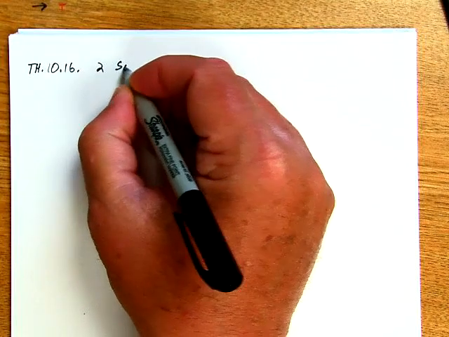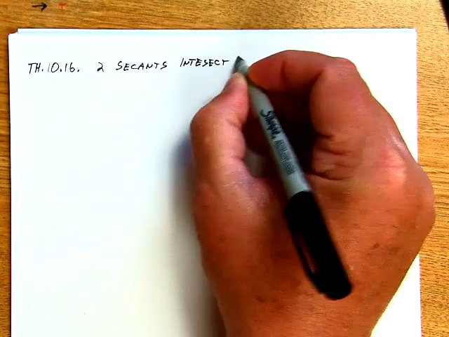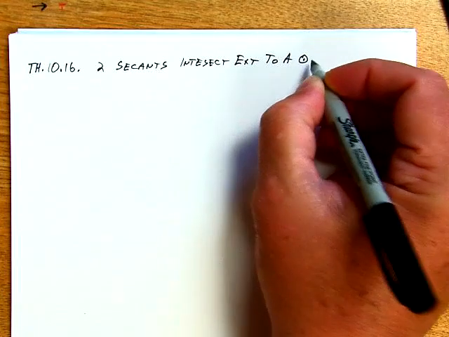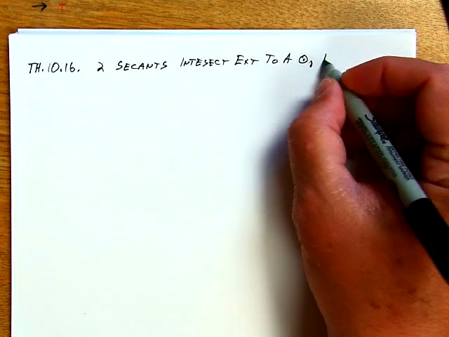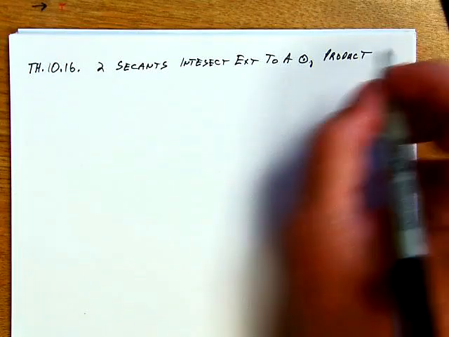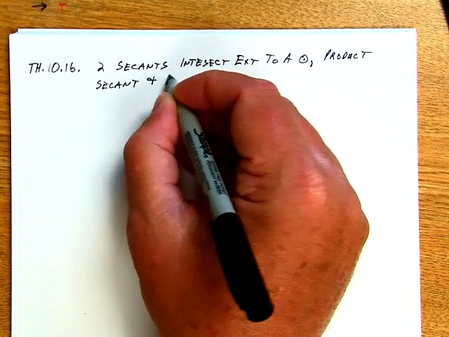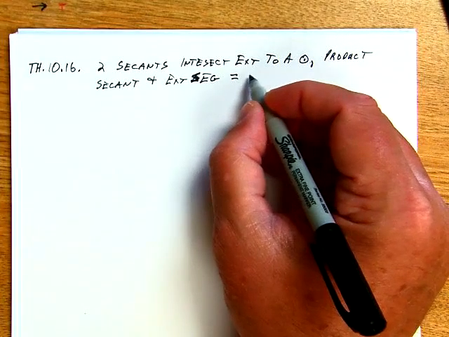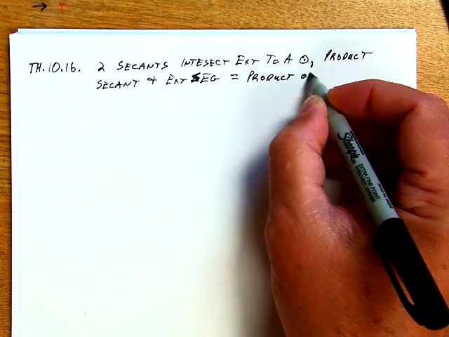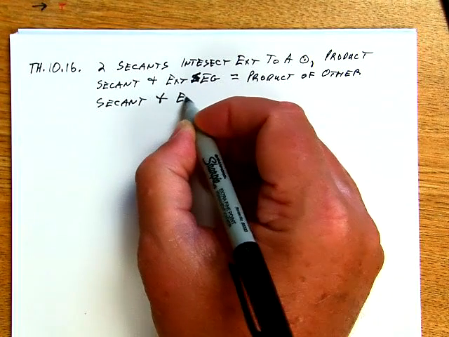And this theorem, 10.16, states that if I have two secants and they intersect external to a circle, okay, then I can take the product, or the multiplication, of the length of one secant times its exterior segment is equal to the product of the other secant and its exterior segment.